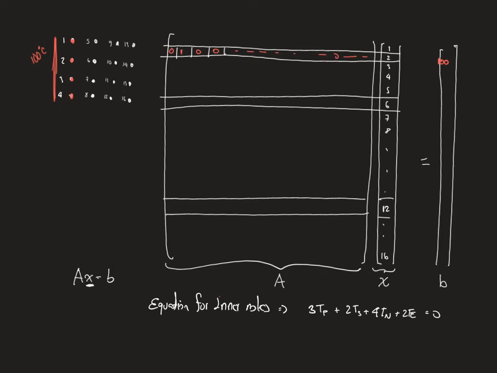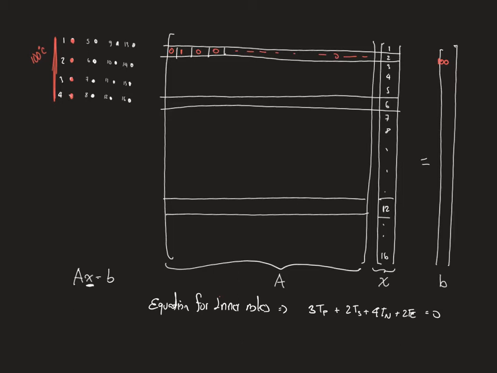This is T east. So that's the equation. This is just an example to show you how to express this equation in this matrix vector multiplication. So this is not the heat equation. I just want you to be clear.